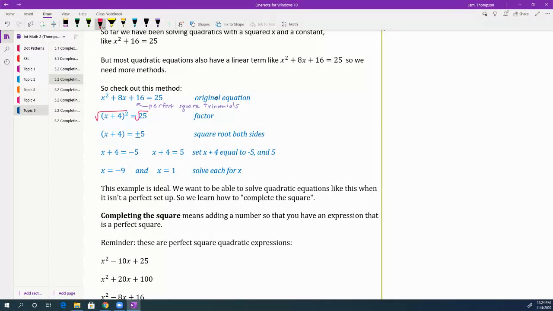Now I can set up two equations, similar to what I've done in another section: x plus 4 equals negative 5, and x plus 4 equals positive 5. Then I can use my solving skills: subtract 4 from both sides, x is equal to negative 9, and x is equal to 1. This is the process of solving once I have a perfect square.